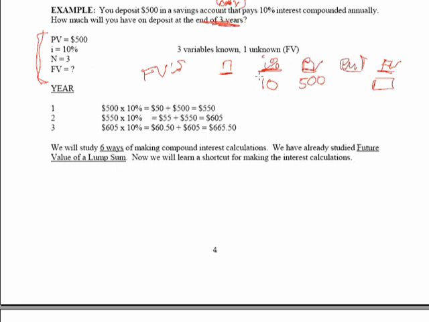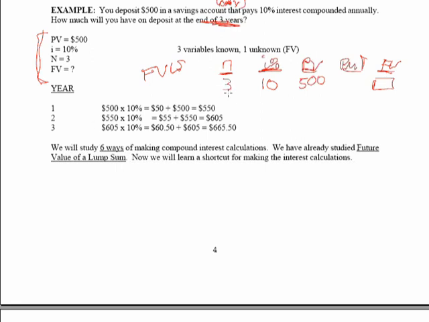But in most calculators, and I've found some exceptions to this rule, but about 90% of them, ask for the interest rate as a percentage. So I'll put in 10, not 0.1. If your calculator asks for the interest rate as a decimal, you would put in 0.1. But my calculator, the HPs, and I think the TIs too, ask for it as a percentage. And then N is the number of periods, and the number of periods is 3.